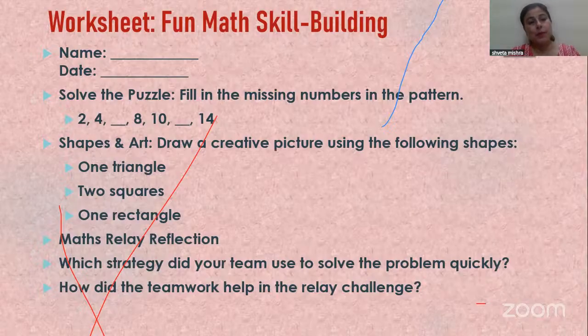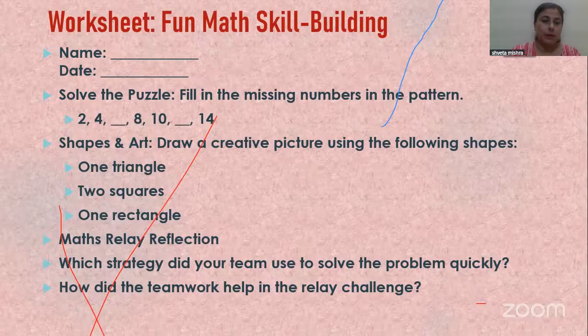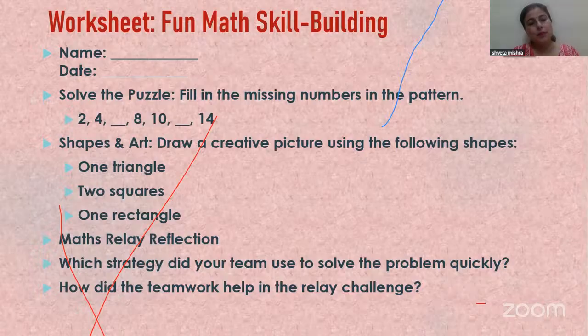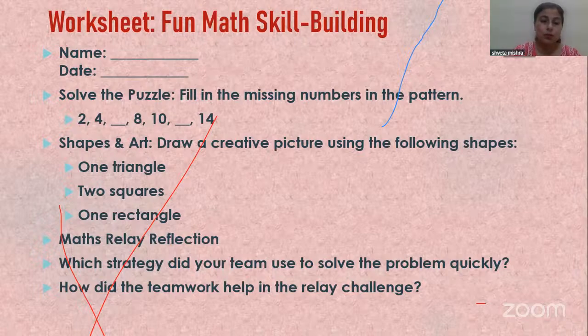Then the other section can be related to shapes and art, which is geometry. Create a picture using the following shapes: triangles, two squares, one rectangle. You can put up any other thing related to geometry, but something interesting, something creative. Then maths relay reflection: which strategy did the team use to solve the problem quickly, and how did the teamwork help in solving?